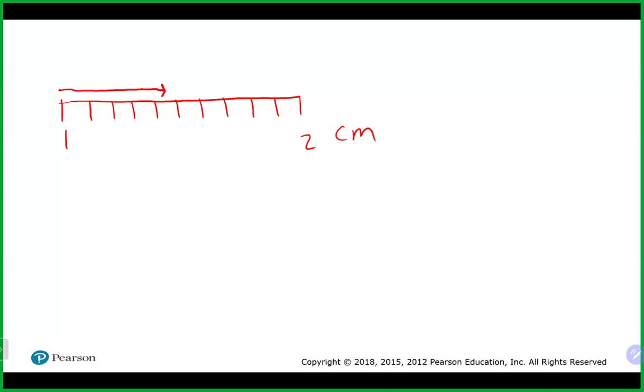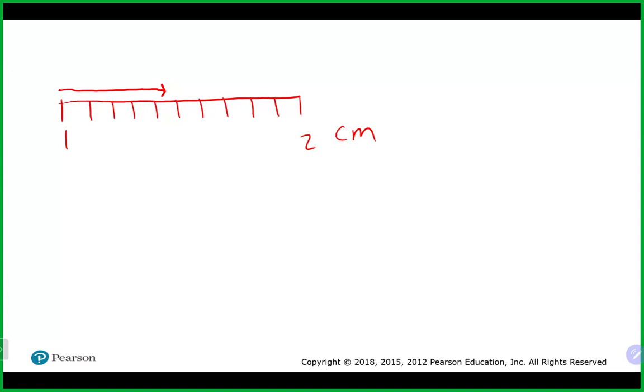You're taking a measurement, so you're not guessing. But built into the measurement is a degree of uncertainty, and it's actually based on the equipment that you're using to take that measurement. So depending on the piece of equipment, the degree of uncertainty changes depending on how many markings there are.